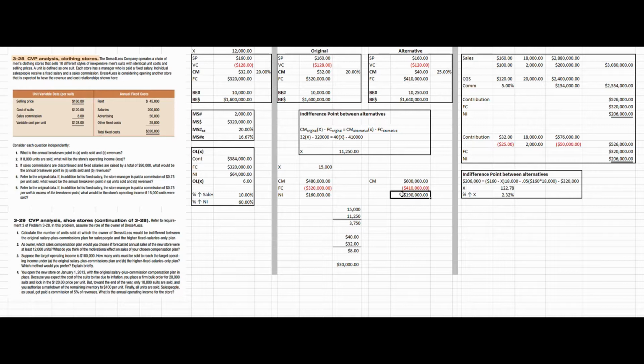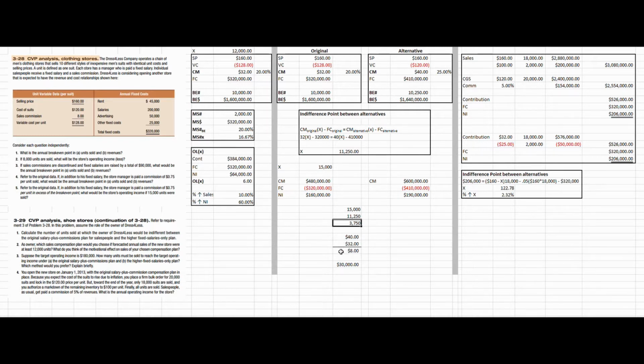This is $30,000 higher than this option. We already knew a priori that this was going to dominate that. So how can we go back and just verify this? Well, if we look at the number of units in excess of our indifference point, that's 3,750.